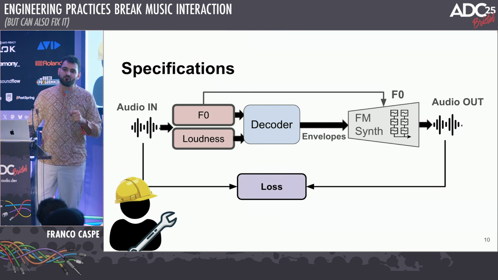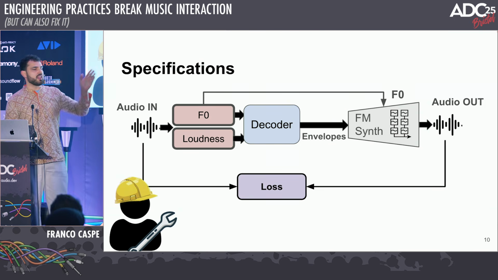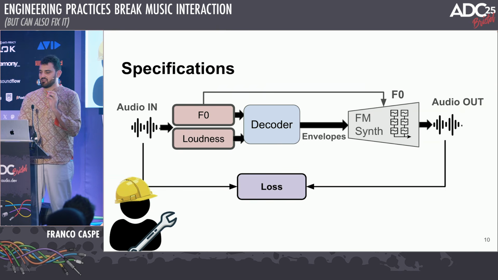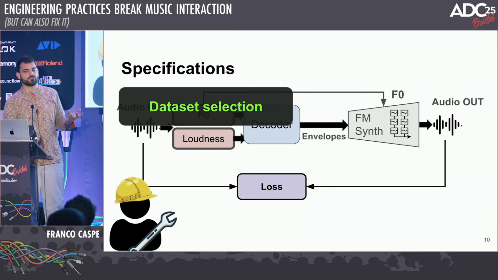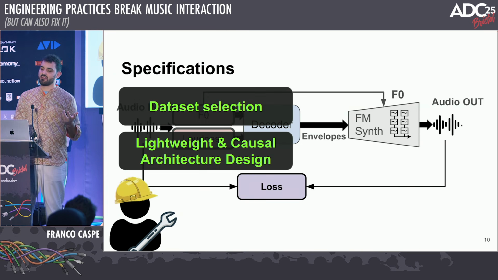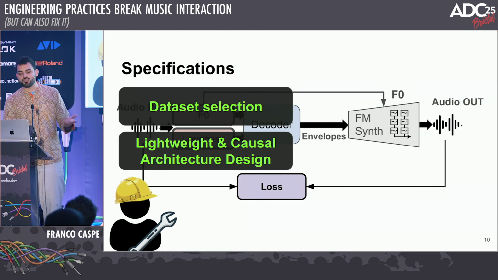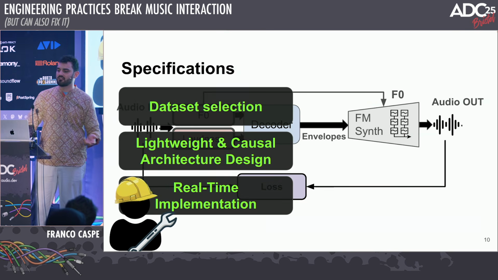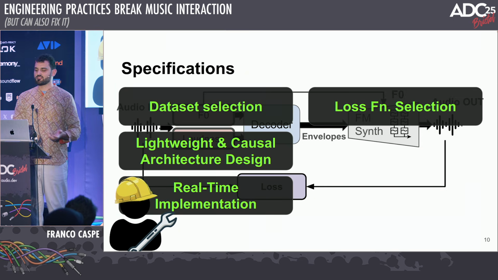So again, you buy into a problem, you take a design decision, and now you start thinking, how do you build this, up to what specifications? You start to think of dataset selection, whether you want the architecture to be lightweight and causal, so as to make it lower latency. You want it to run in real time, so you need an efficient implementation.